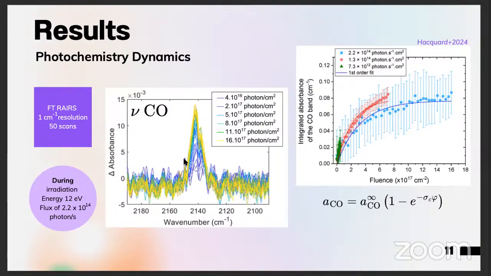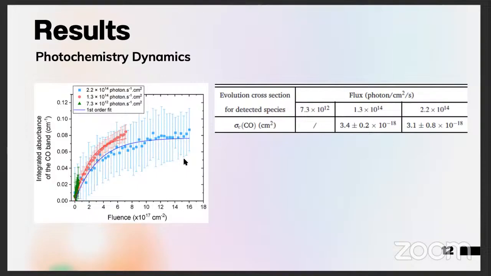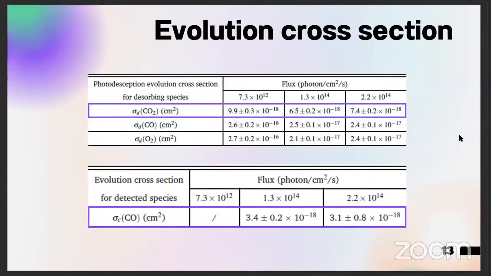We take the integrated absorbance and plot it as a function of the fluence, and we quantify it in the same way as the mass data that we obtained before, to have evolution cross-sections, this time for the chemistry. We obtain evolution cross-sections on the order of magnitude of 10 to the power minus 18, which, if you remember well, is the same order of magnitude as the desorption of CO2. So here you clearly have a great correlation between the desorption of CO2 and the chemical evolution of the bulk.